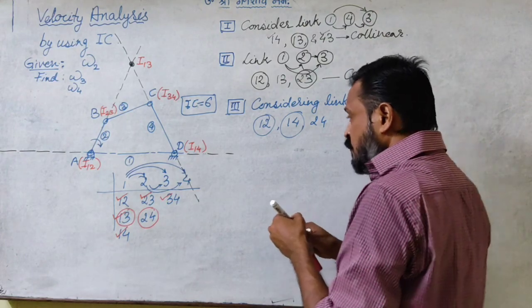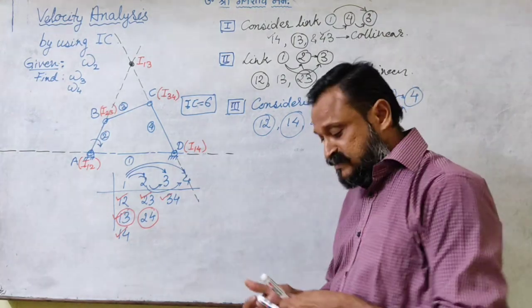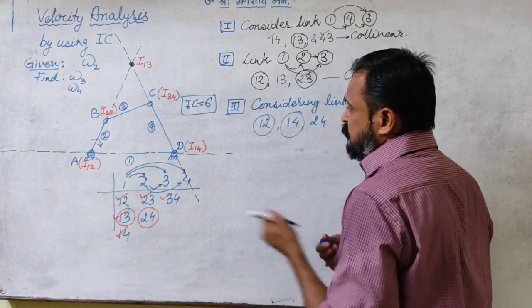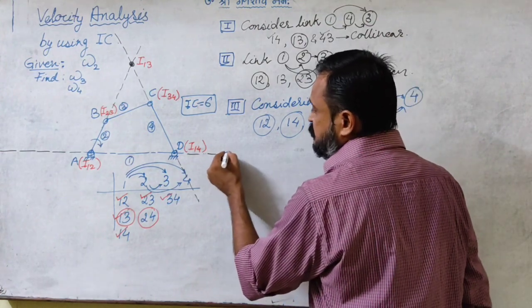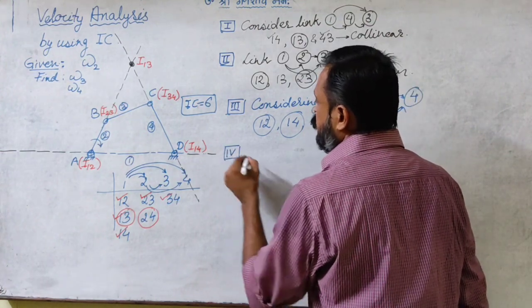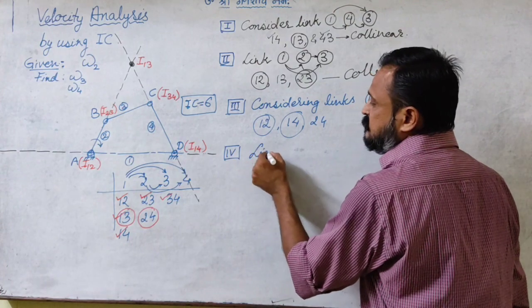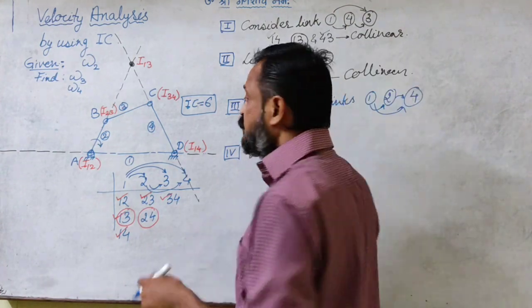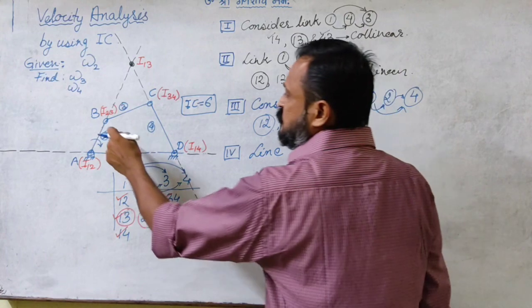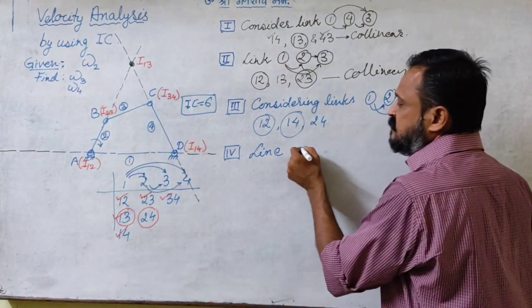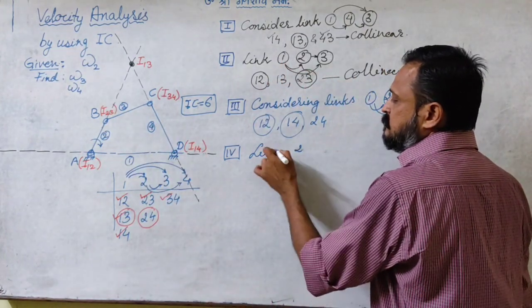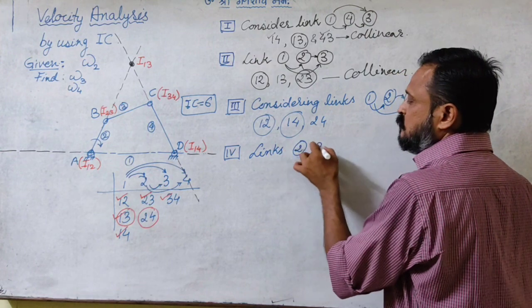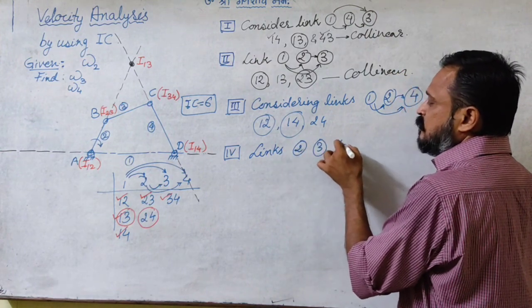Fine. So now I'll go for the fourth consideration. Considering the links, now 2,4 must be included because we want 2,4. So it will be 2, 3 and 4. So we consider the links 2, 3 and 4.